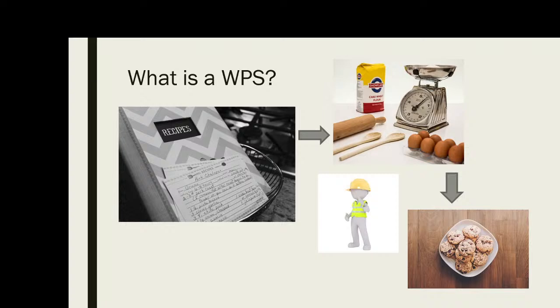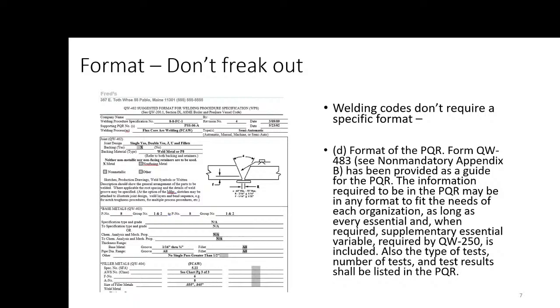Chicken, egg, they're going to be submitted together, so you're going to end up having to kind of look at them together but separate. So I just went with the PQR. We'll do that one first, but it kind of ties back to the WPS. So it's kind of convoluted how you review these things, but anyways, a WPS is a recipe card. If it says to stand on your head and drink a Diet Coke while you're welding, you better be doing that when that inspector comes through.